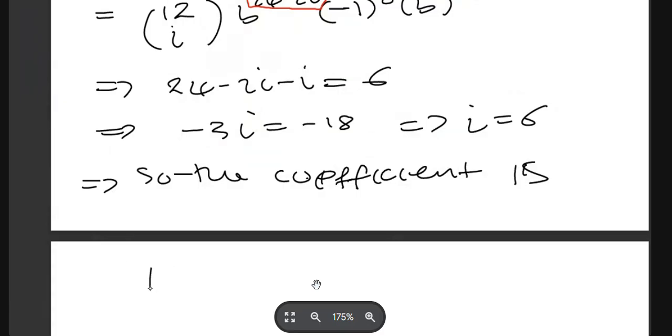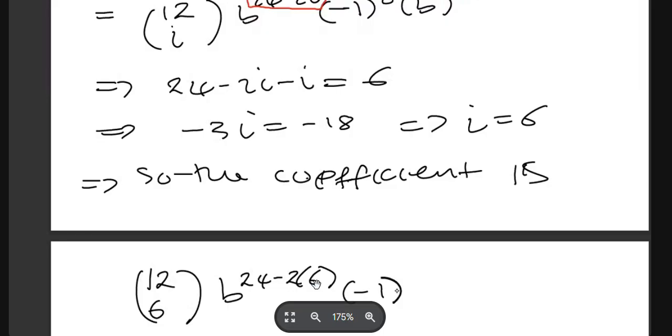So it is 12 choose 6, then b raised to the power 24 minus 2 times 6, then negative 1 to the power 6, then multiply by b to the power negative 6.